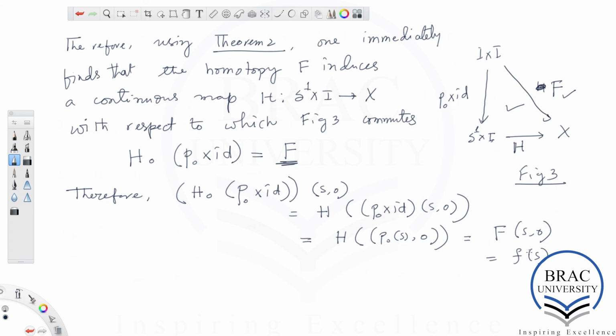And by the definition of the loop, F is equal to H composed with P0, right? This is nothing but H of P0 of S.